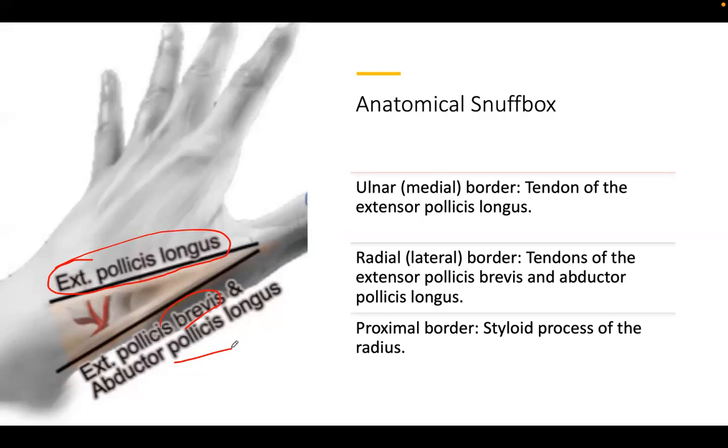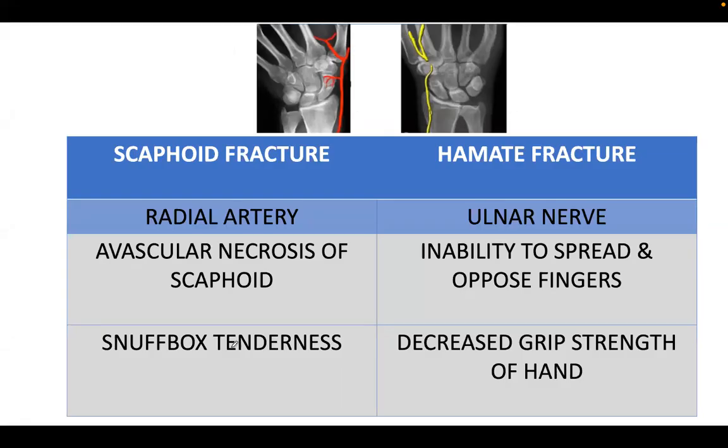So here, I made this table for you guys: if there's a scaphoid bone fracture, the radial artery is going to be damaged. If it's a hamate bone fracture, it's the ulnar nerve that's going to be damaged. If the ulnar nerve is damaged, there's inability to oppose the fingers or spread the fingers, and decreased hand grip.